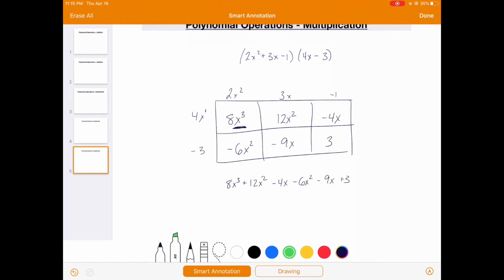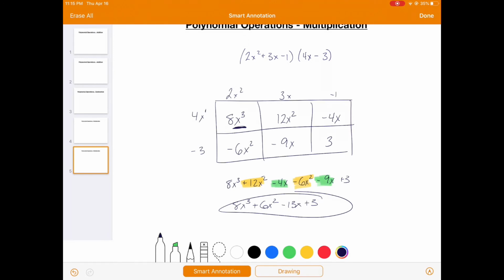So my like terms, I have my squared terms, and I have just my x to the first power. So 8x cubed, 12x squared minus 6x squared is positive 6x squared. Negative 4x minus 9x is negative 13x. And there's nothing to combine that with. And then I have my answer.